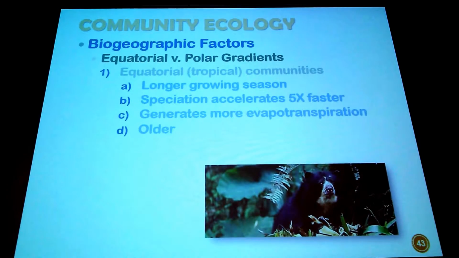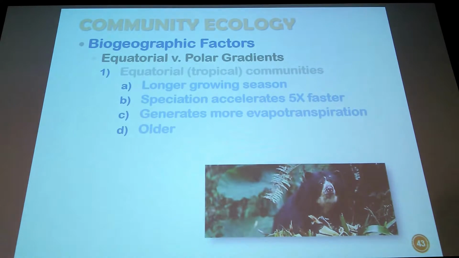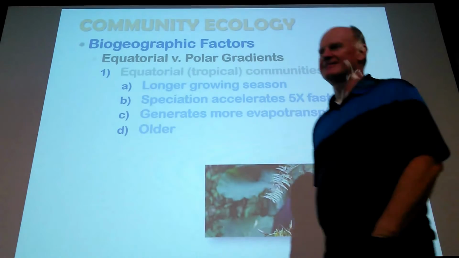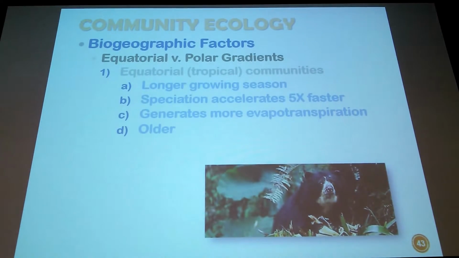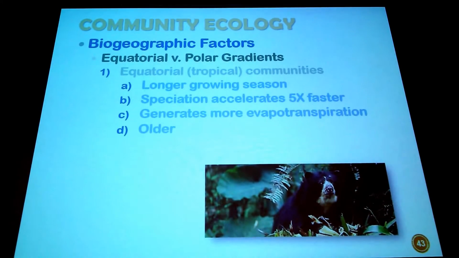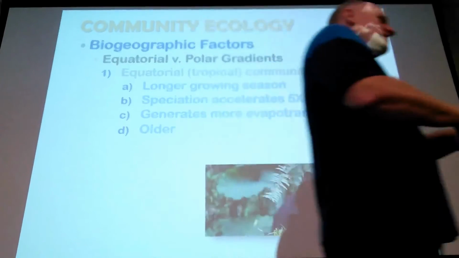Generates more evapotranspiration. What's evapotranspiration, besides just being a really big word? Cooling by evaporation. Evaporation through trees. What's happening is the trees and plants are absorbing water through their roots. They need it for photosynthesis.